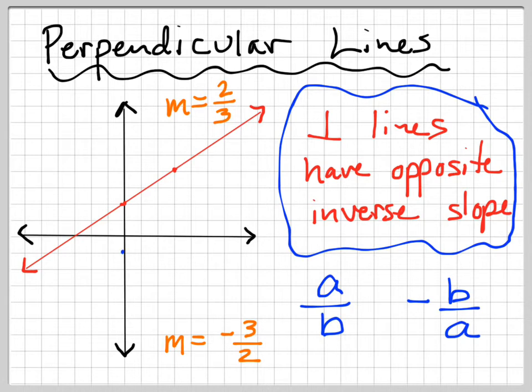And from there I'm going to go down 3 over 2. And maybe I'll go up 3 and back 2 like that. And then I'm going to connect those points like so, and then you'll notice that these two intersect at 90 degrees.